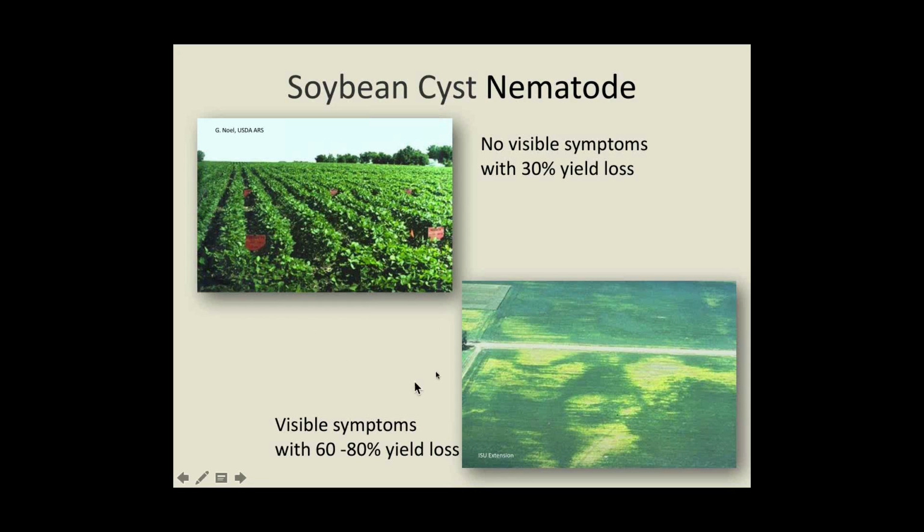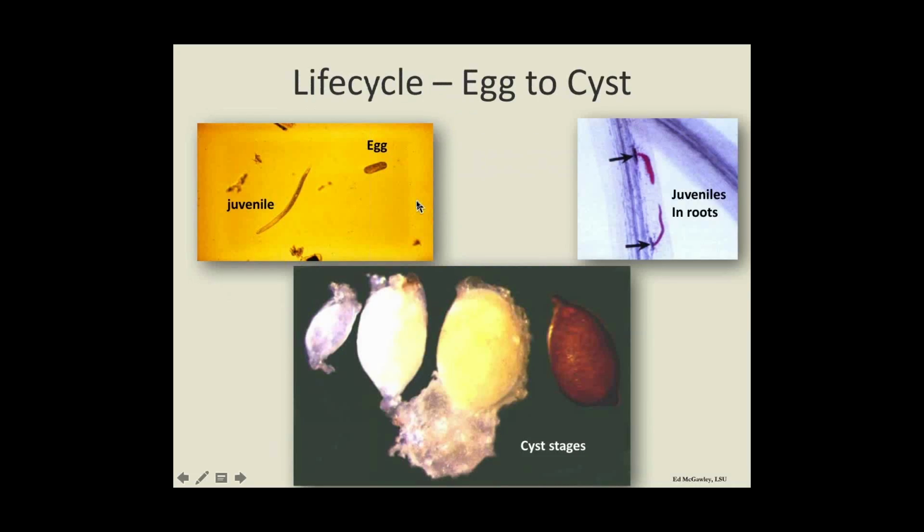When you get to the point of seeing noticeable symptoms in the field, and this picture is from Iowa State Extension, if you see foliar symptoms being caused by the nematode below ground, you're in that 60 to 80% yield loss range. So it can be very, very devastating.